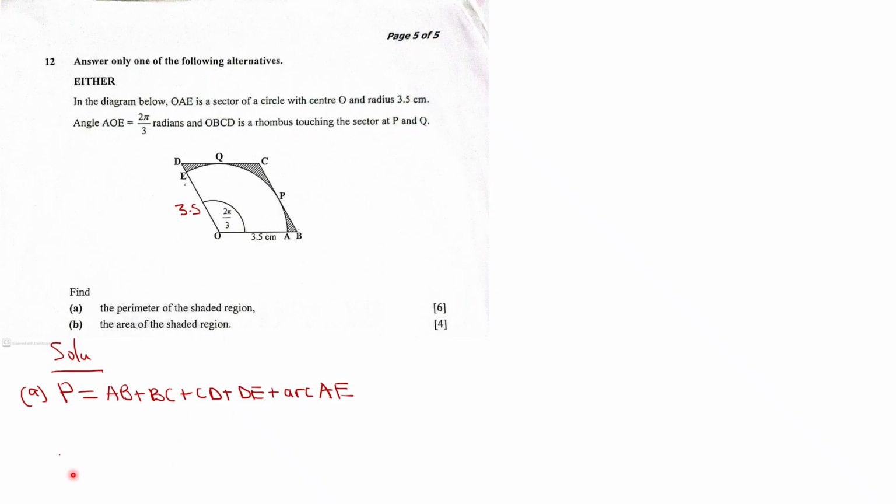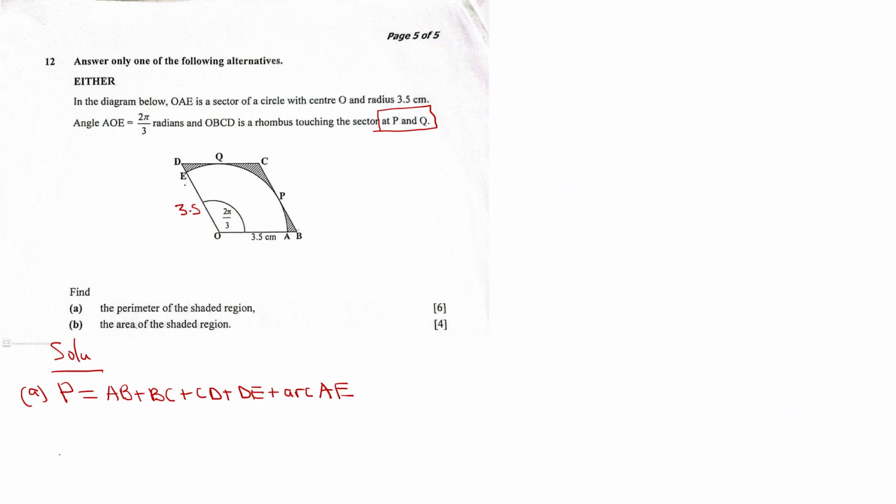Now, this information saying it is touching the sector at P and Q is very important, because when a line touches a circle or a curve, what happens is that they form a tangent.